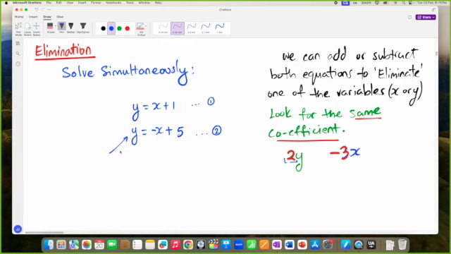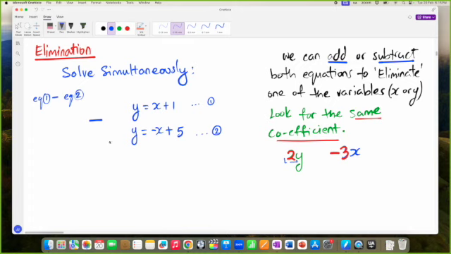So you see the coefficient of this y is 1. Where's the coefficient of this y here, Ade? 1. Right. So that means both of the y's have the same coefficient, right? Yes, sir. So now I could subtract them. You could add or subtract, right? So you could do equation 1 minus equation 2.